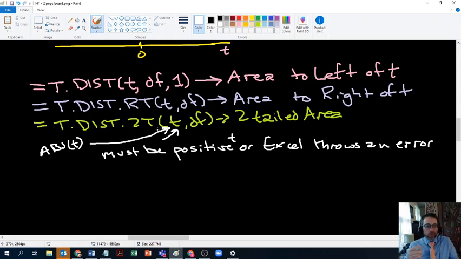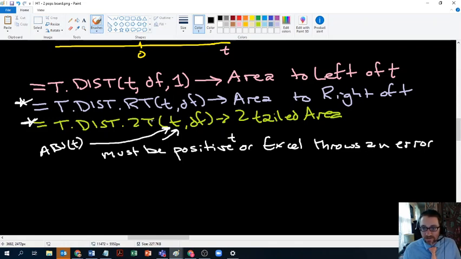That way, depending on what my t statistic kicks out, it's not touchy. I want it to be robust to whatever t I get. Because what if I got a positive t and then I realized I did something wrong and I changed the numbers? If it turns into a negative t, then my p-value is going to give me an error, and I really don't want that. So whenever I do that, I use the absolute value. Just so you know, you don't have to learn this one. Those are bonus content. But if you want to, nice shortcuts if you feel comfortable and want to learn some more Excel.